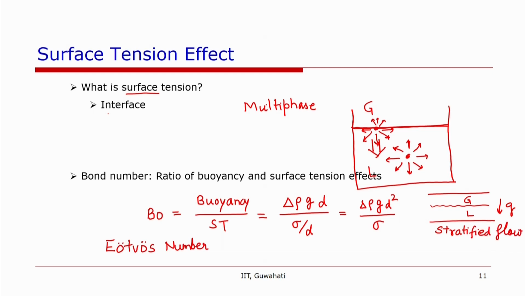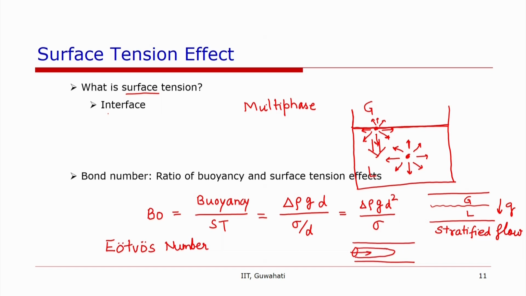However, in large diameter channels, one observes stratified flow. In small diameter channels, because of surface tension, the interface does not remain like this. One has annular flow and bubbles forming.